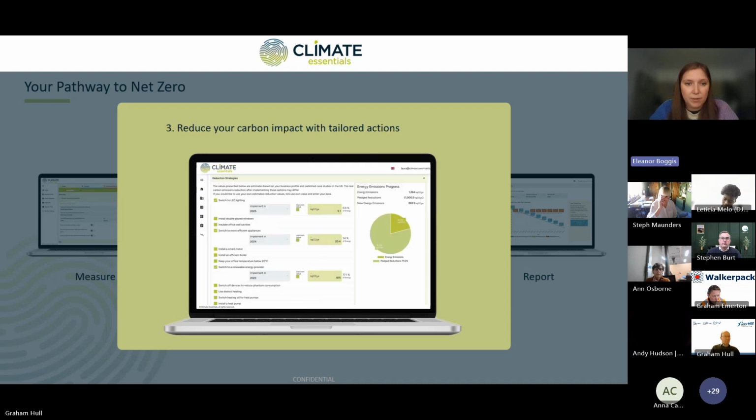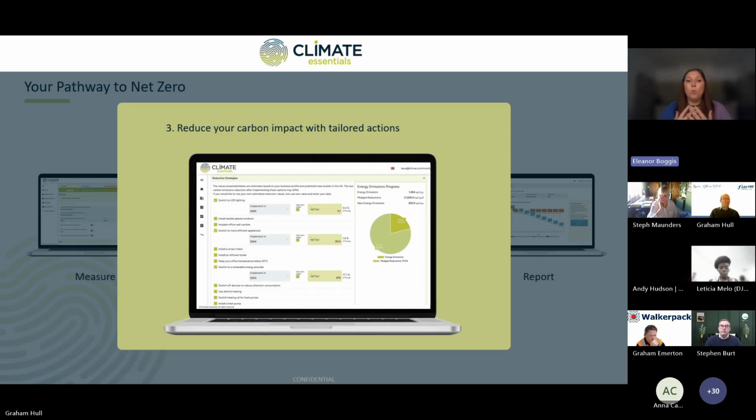And then thirdly, we have reduce. Built into the platform, we have provided you with lots of different reduction strategies across the 4 different areas, and that's energy, transport, products and services, and waste. So we give you opportunities or ideas of where you can reduce those, and you can actually map those reductions.